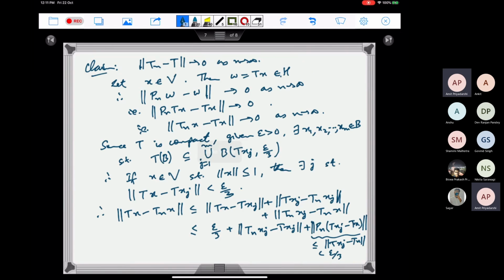Now what we have shown here is that Tn of x minus Tx goes to 0 for every x. So in particular for this x1, x2, up to xm, this will be true. Because these are finitely many, we can find n such that this is true for all of these.